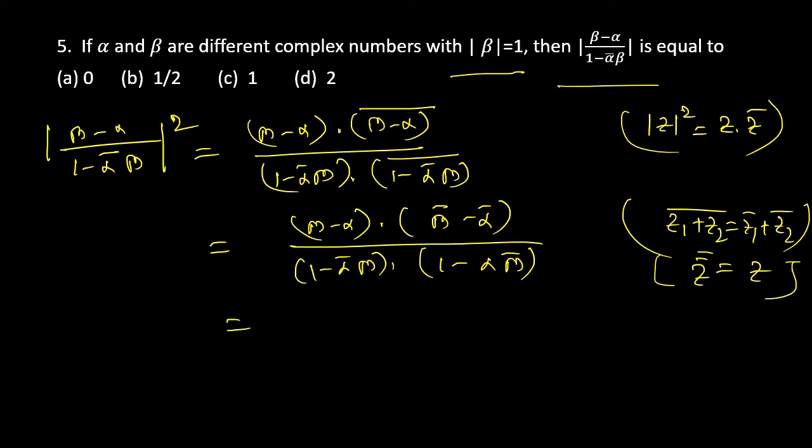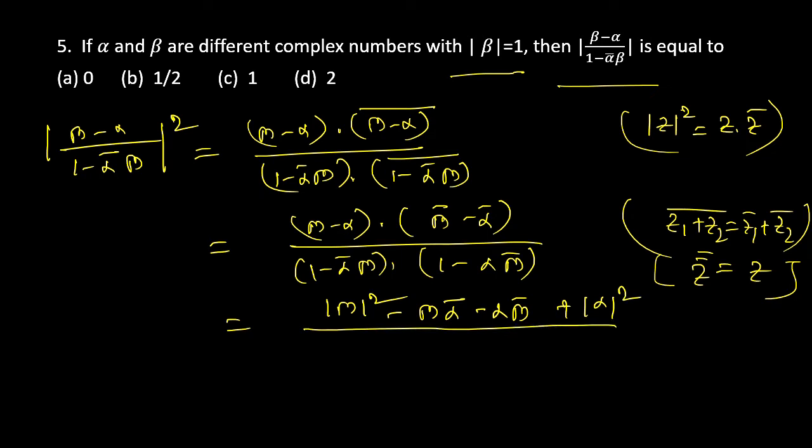Then we can break it as beta into beta bar, it means mod beta square, minus beta into alpha bar minus alpha beta bar plus alpha into alpha bar, it means mod alpha square, by 1 minus alpha beta bar minus alpha bar beta plus alpha bar alpha, mod alpha square, beta beta bar, mod beta square.